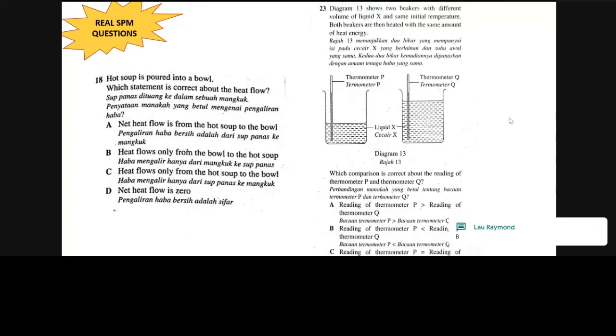Okay, suhu awal dia sama. Lepas tu, kedua-dua bikar kemudian dipanaskan dengan amount tenaga haba yang sama. Maksudnya you panaskan katalah for 5 minutes dua-dua. Dua-dua for 5 minutes and then you stop. Perbandingan manakah yang betul tentang bacaan termometer P dan termometer Q?